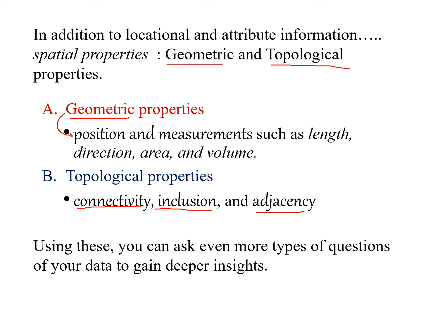Adjacency indicates how far or how close, the proximity of a particular feature to the surrounding features, which will be indicated by the parameter called adjacency. Okay, so using this you can ask even more types of questions of your data, and from this you can gain deeper insights.